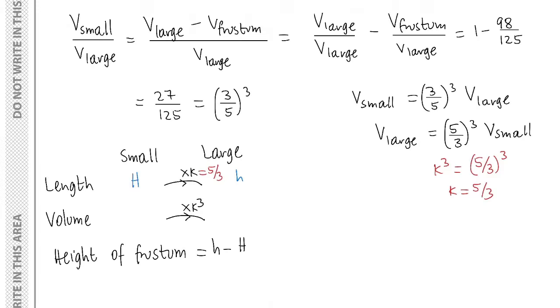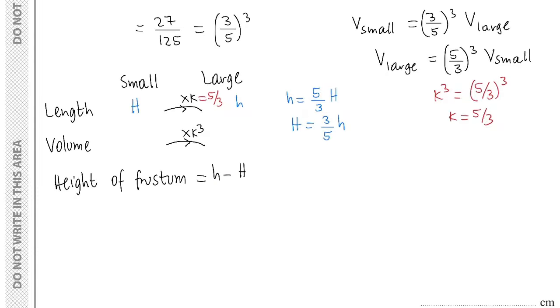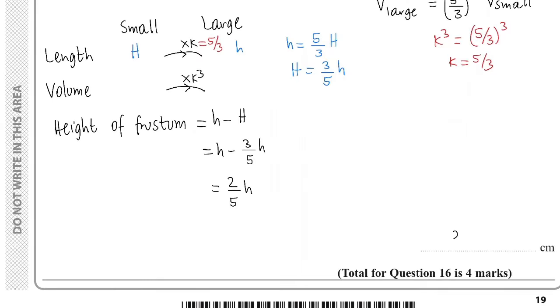So we know that h is 5 over 3 capital H, or simply that capital H is 3 over 5 small h. So we've got a relationship between the height of the small cone and the height of the big cone. So what I will do here is simply replace the capital H with 3 over 5 h, and this will give me 2 over 5 h, which is the required answer, 2 over 5 h.